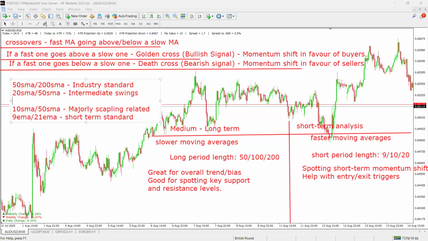All right. And then also, when we talk about crossovers, it is when a faster moving average closes above a slower one in the market. And that particular move above or below is termed either a golden cross or a death cross. It is a golden cross when a faster one goes above a slower one.